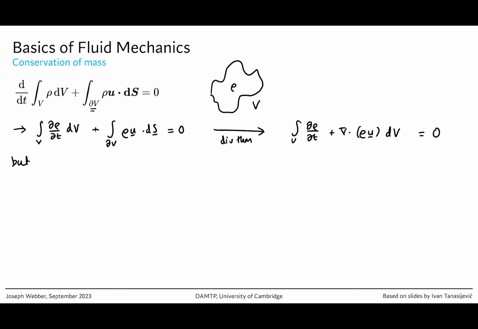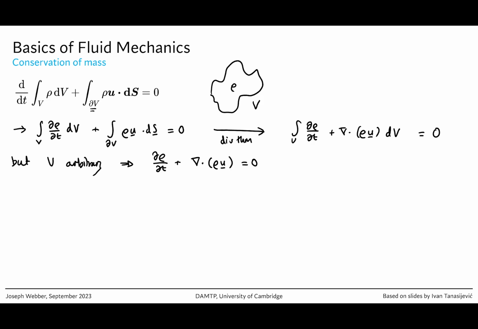But V is arbitrary. We can just make any choice of volume we want. So that implies that this quantity within the integral must be 0. So d rho by dt plus div of rho u equals 0.